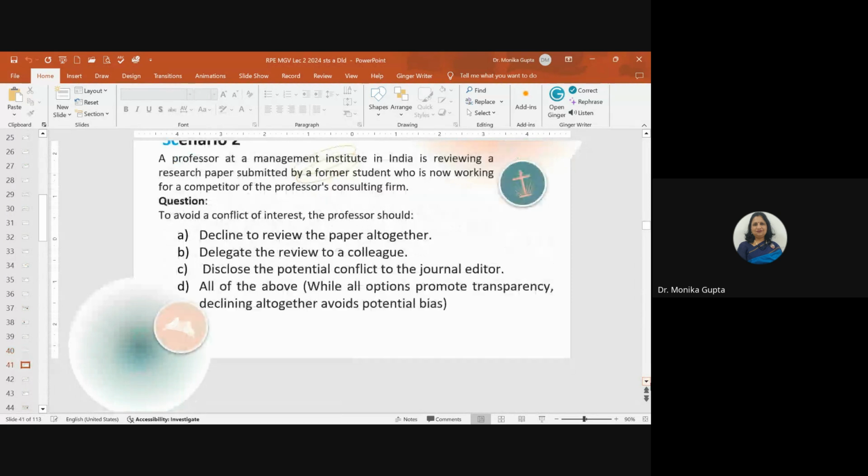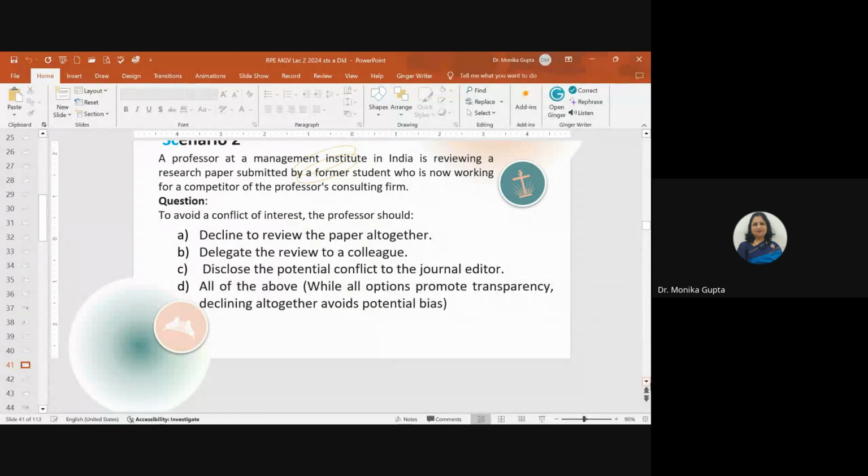Okay, now another scenario. A professor at a management institute in India is reviewing a research paper submitted by a former student who is now working for a competitor of the professor's consulting firm. To avoid a conflict of interest, the professor should do what?